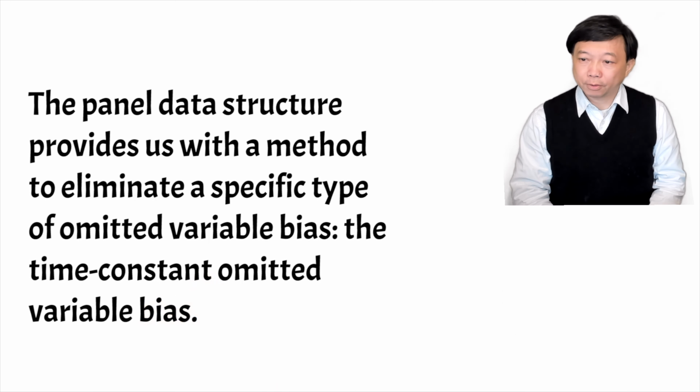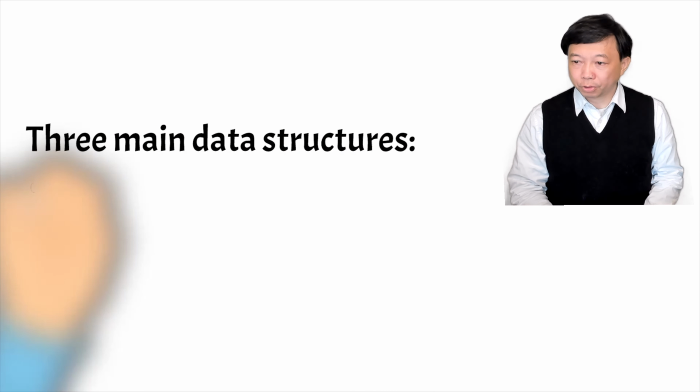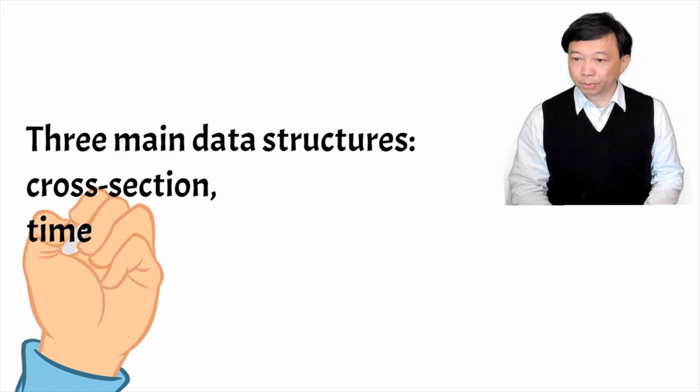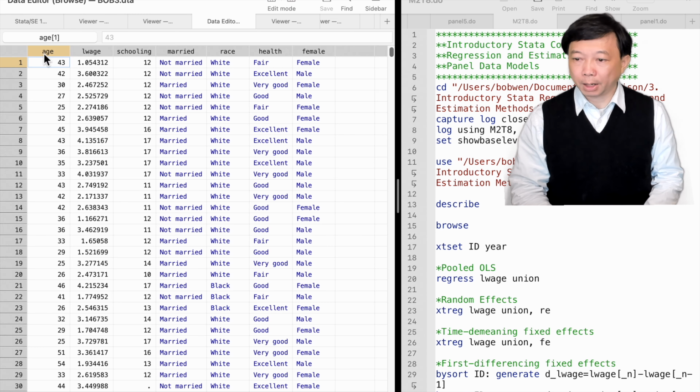First, let's take a look at the data structures. There are three main data structures: cross-section, time series, and panel data. The cross-sectional data are collected at a time for many individuals. Each observation is for one individual.